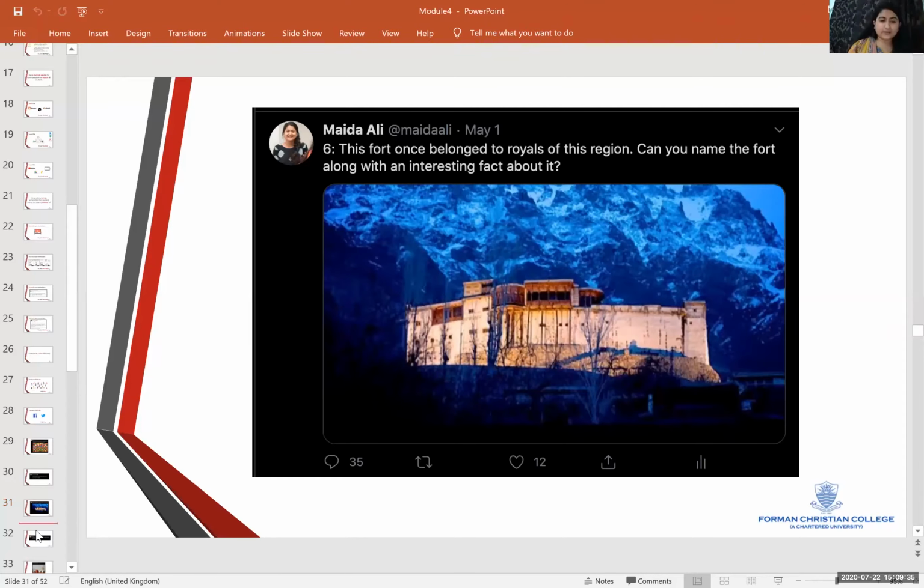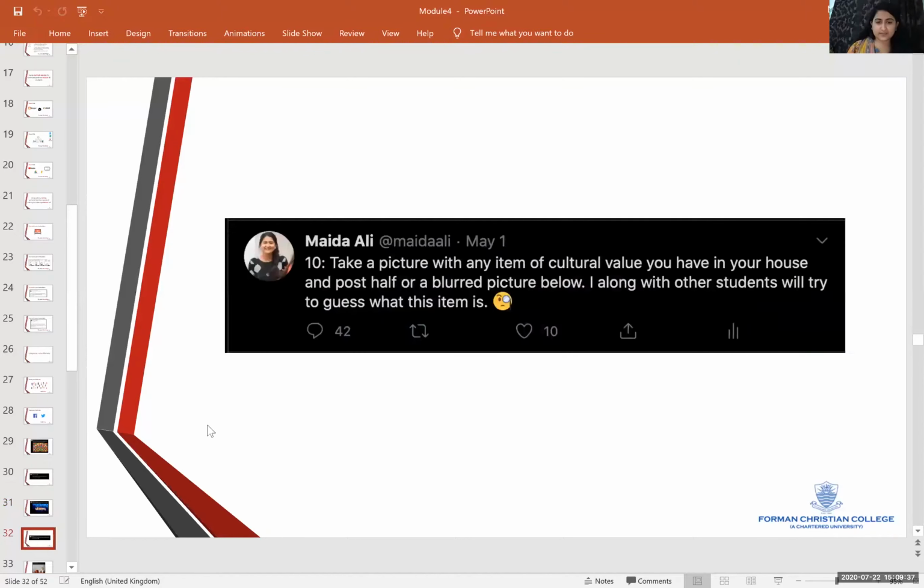Another example from this very same Twitter scavenger hunt was this one, and in this clue they had a total blast. They were experimenting with the pictures. They were taking pictures of cultural value items, and then there was a guessing game going on. So we had a pretty good pedagogical and engaging activity on Twitter.